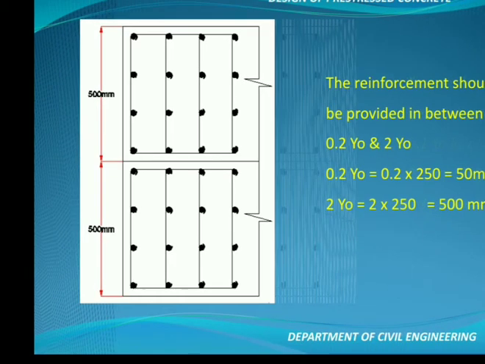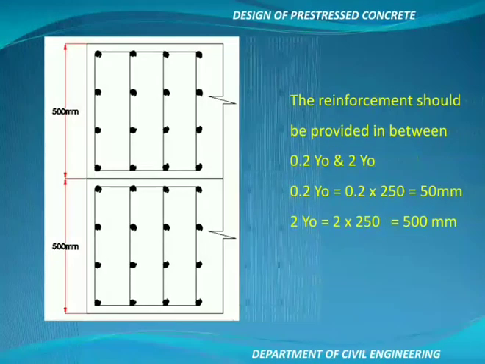Now if you want to find the exact spacing, the total available length is 500 minus 50, that is 450. 450 will be divided into 3 spacings. So each spacing will be of 150 mm.